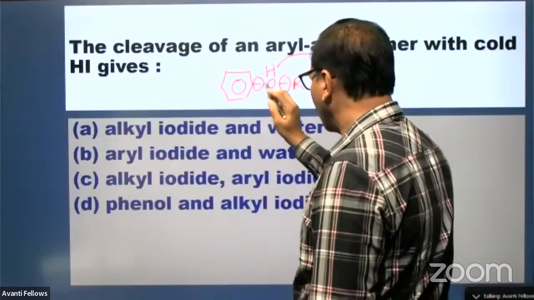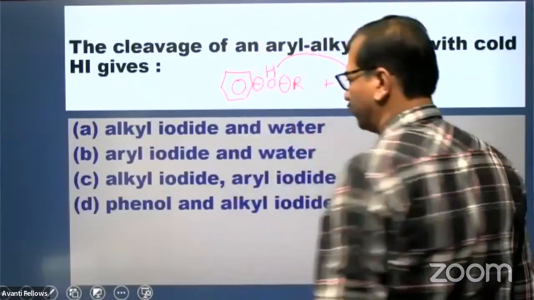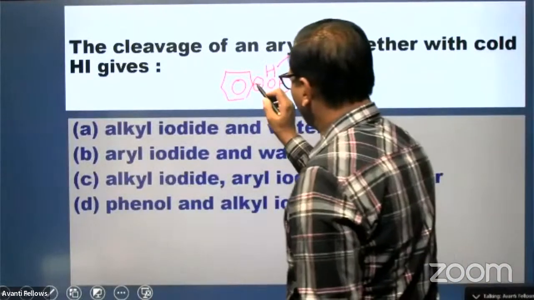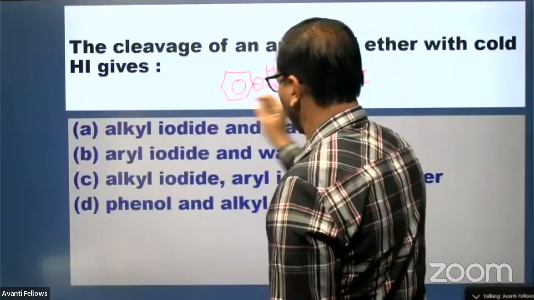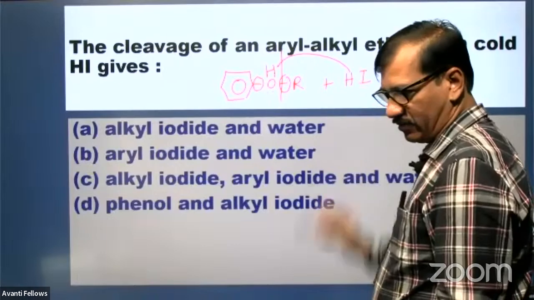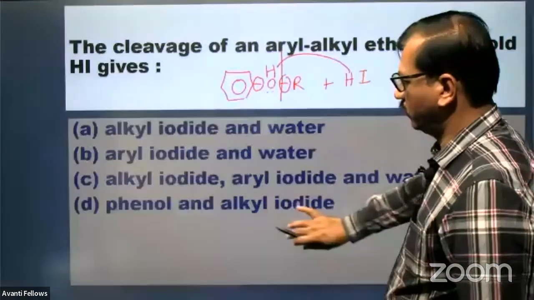If this doesn't undergo cleavage, then phenol will remain. If this undergoes cleavage, then alcohol is being formed. Option D. Phenol and alkyl iodide. This is considered to be the stronger bond because of the resonance effect. Therefore, this does not undergo cleavage. Therefore, phenol is one of the products, and then RI, alkyl iodide.